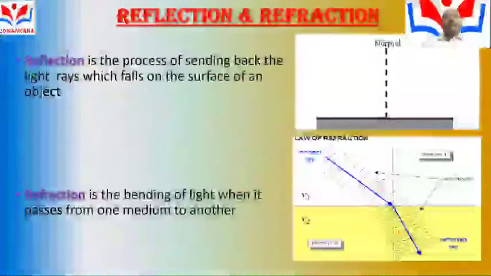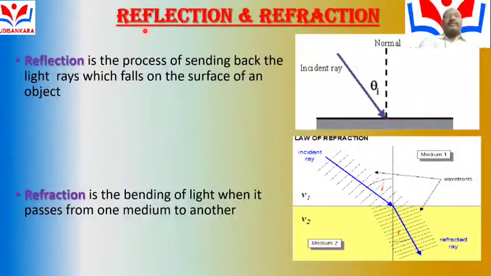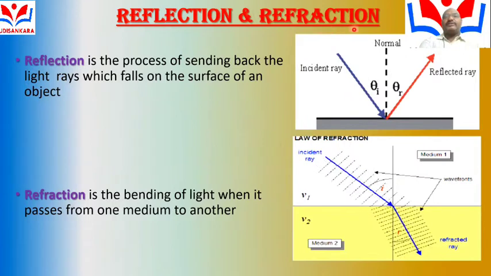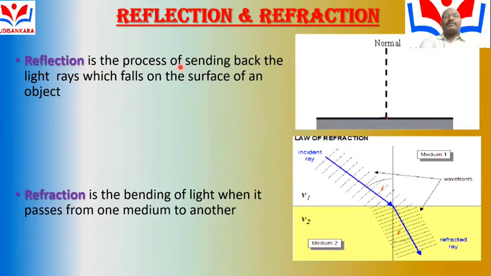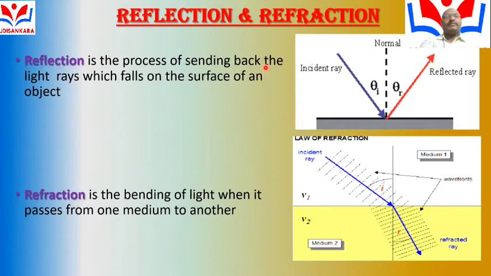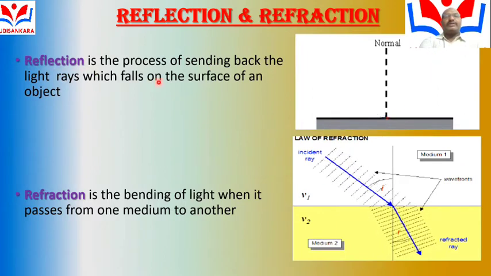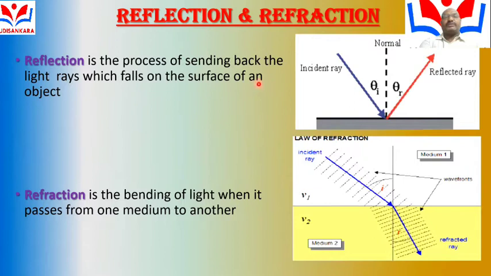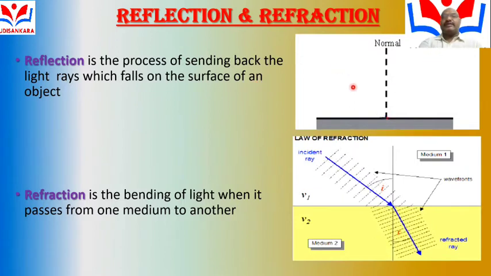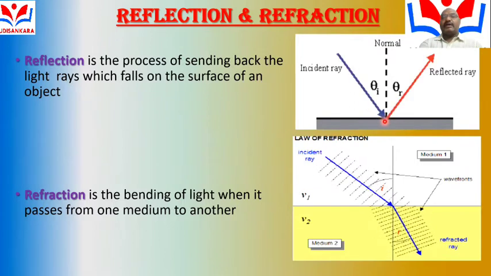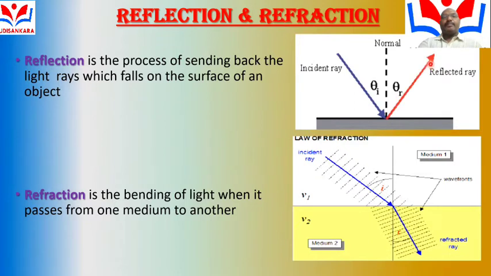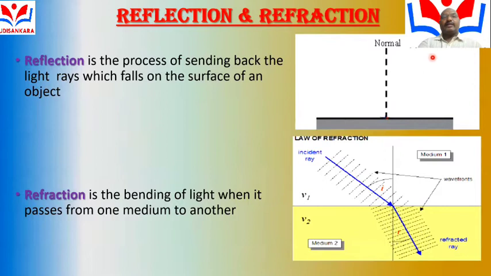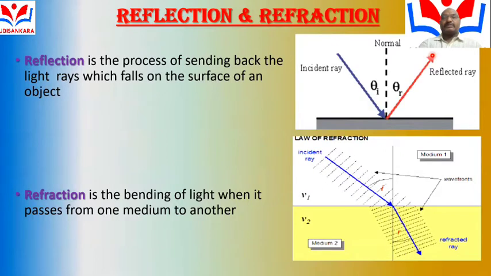Geometrical optics deals with reflection and refraction. What is reflection? Reflection is the process of sending back the light ray which falls on the surface of an object. The incident light falls on the object and is sent back.